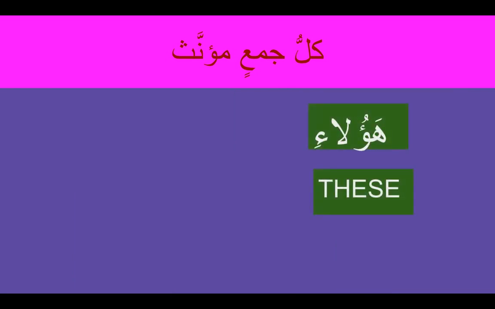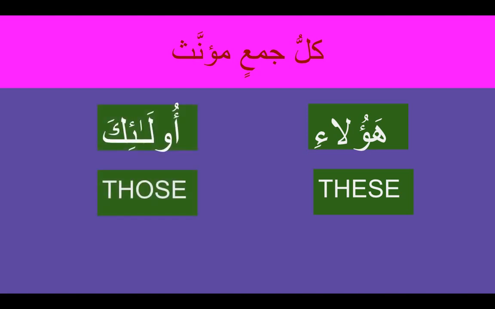When we use demonstrative pronouns for these plurals, we use appropriate pronouns. For example, we've got hada talibun, we use haulai tullabun, or tilk, zalika tullabun, we use ulaika tullabun. So we use plural demonstrative pronouns for aqil plurals.